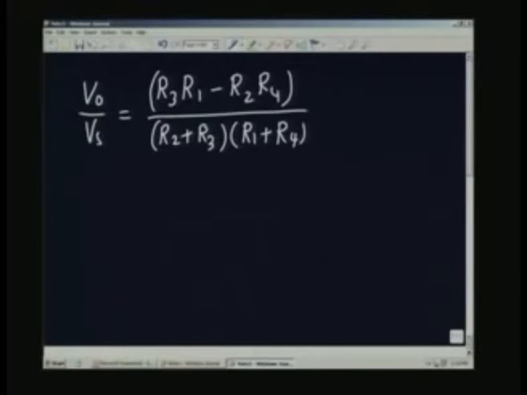Suppose the strain gauge undergoes a small change in the resistance because of the strain which it experiences.